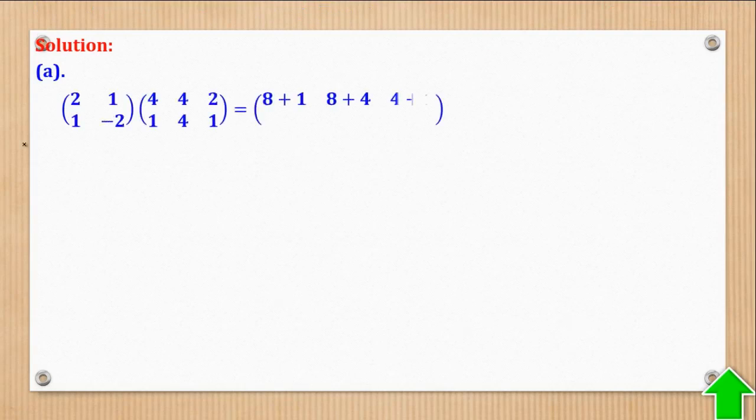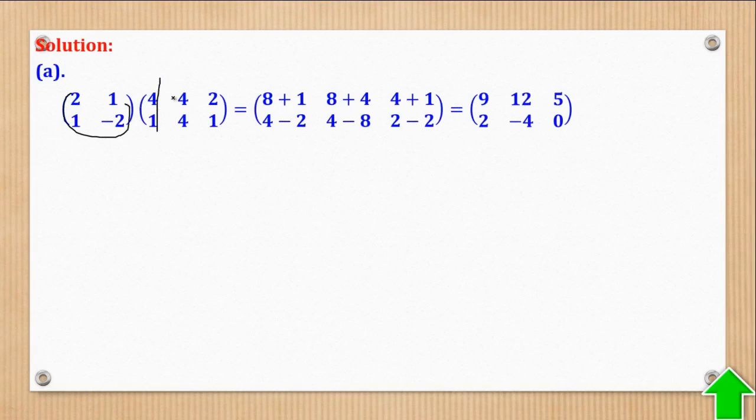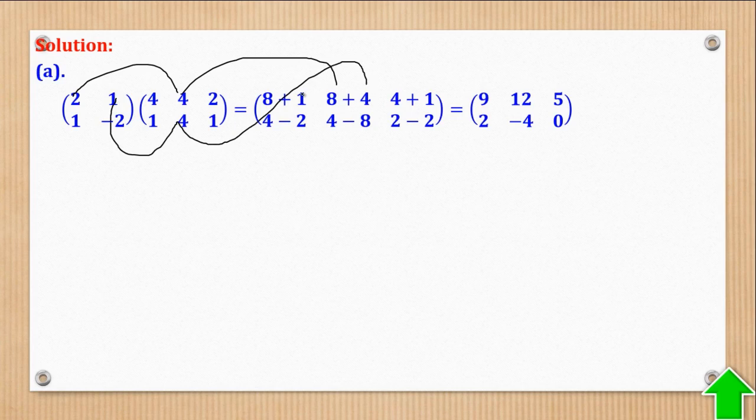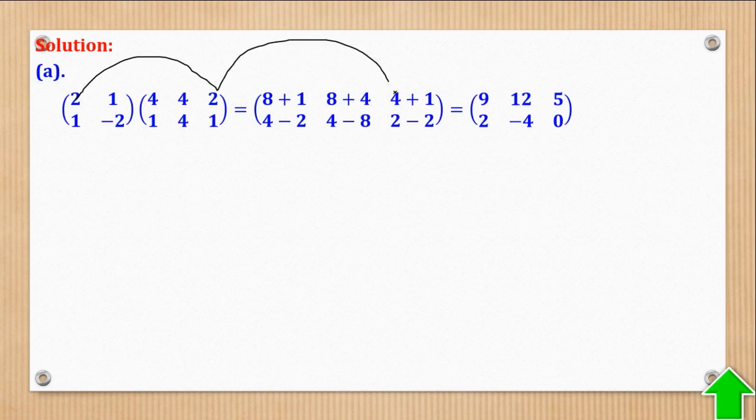So first we shall quote the matrix and then the coordinates of A, B, and C. Then we are going to multiply row by column. This by this gives you 8, then this by this gives you 1. Then this by this gives you 8, this by this gives you 4. Then this by this gives you 4, and this by this gives you 1.